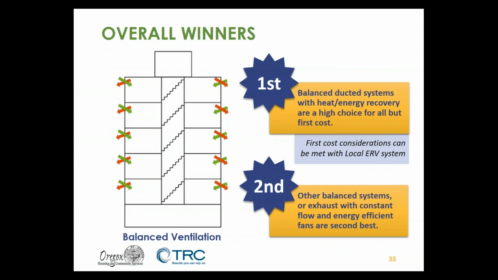And so coming from the Oregon Multifamily Energy Program team, these are our blue ribbon prizes. I've betrayed all of my biases in the process of giving this webinar. Balanced ducted systems with HRV or ERV is by far the first choice for indoor air quality and for energy.